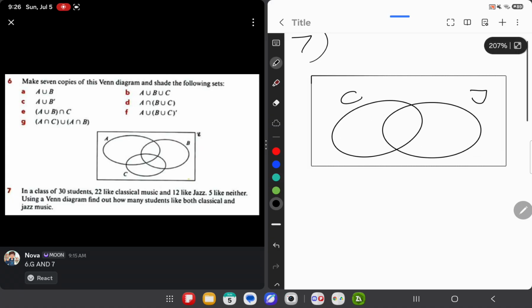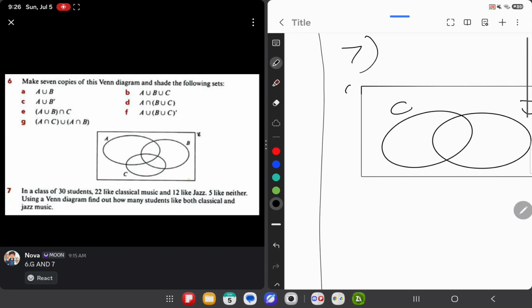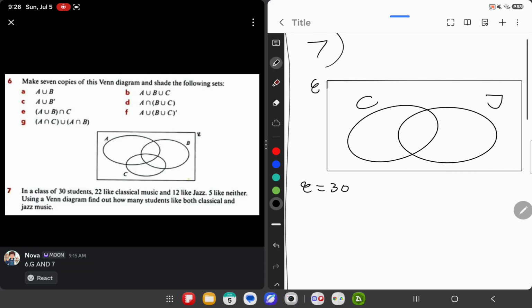Let's see the setup. The total count of our universal set will be 30 people. 22 like classical music, so C is equal to 22, and 12 like jazz, and classical union jazz prime is 5, meaning there are 5 people outside.